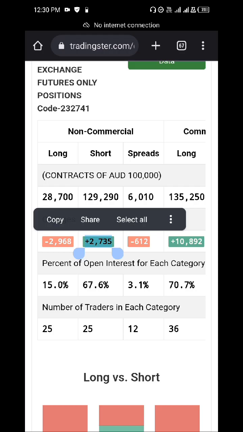So they closed long positions and added more short positions. That means that the large institutions are weakening the Aussie dollar against the US dollar. So in terms of the Aussie US dollar pair, the large institutions are selling the pair. So that's all for the commitment of traders.